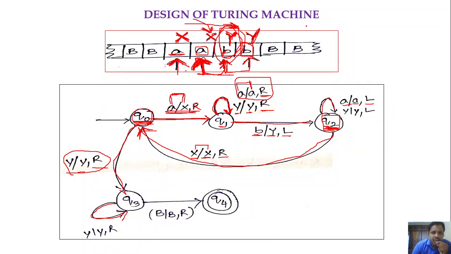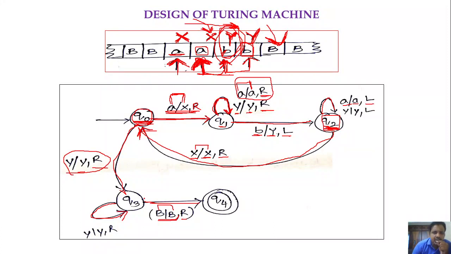In q3, if we get a blank, it means we have marked all x's and all y's, that means we got matching a's and matching b's. So in q3 if we get a blank, replace that blank with blank and move the head towards the right. You can also move the head towards the left, it doesn't matter.